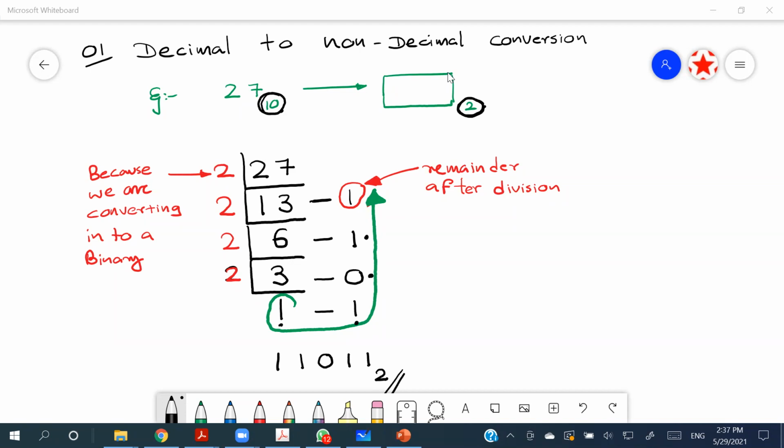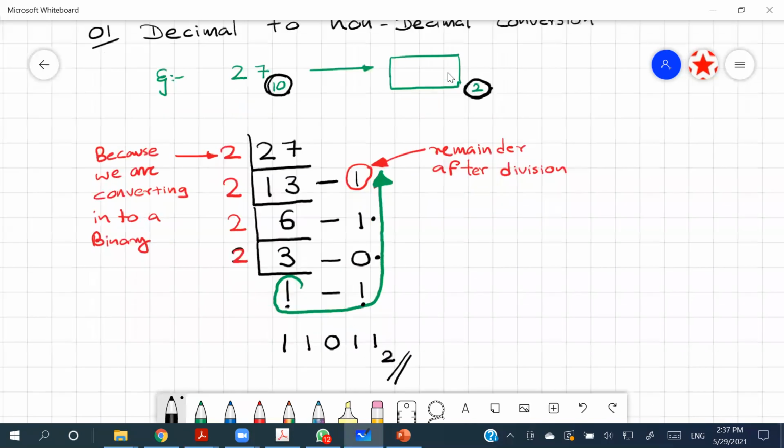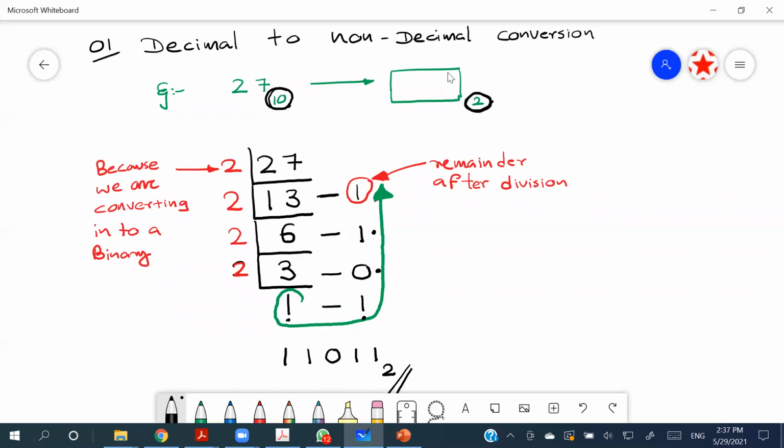So once we have something less than 2, we stop dividing, and we take that particular answer with the remainders that we have written in each and every division, from top to bottom, to generate the equivalent number for the decimal number which is given, right?